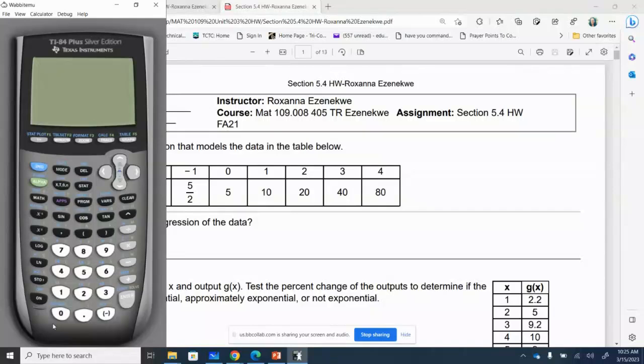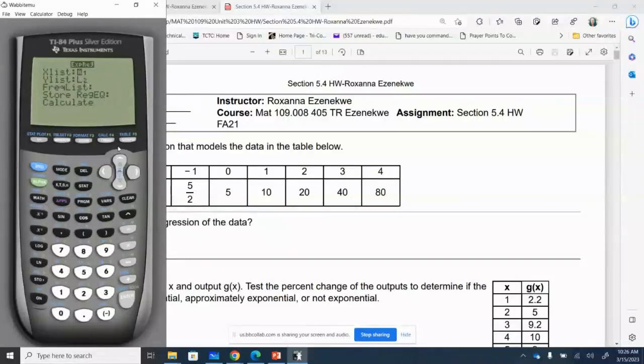So now I'm going to do it again. I'll go back to STAT, arrow to calc, and I'm going to choose exponential regression, which is that 0.